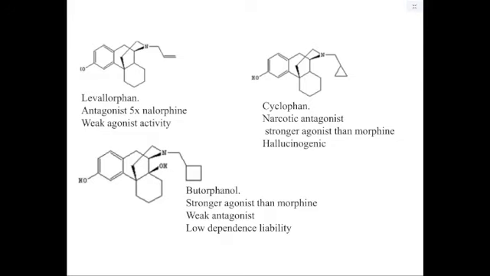So when we draw them out, that is levorphanol. Again, it is an OH group, and it resembles naloxone, where it has the allyl group. So you can see it has antagonist activity.